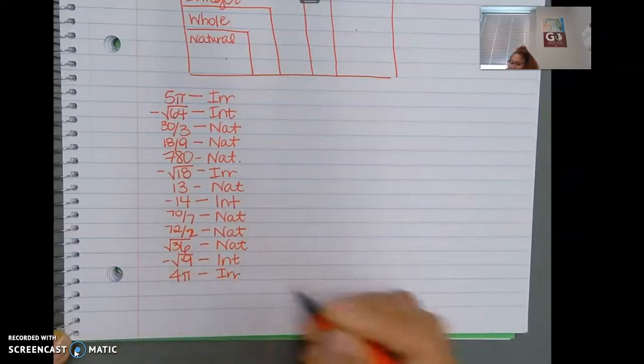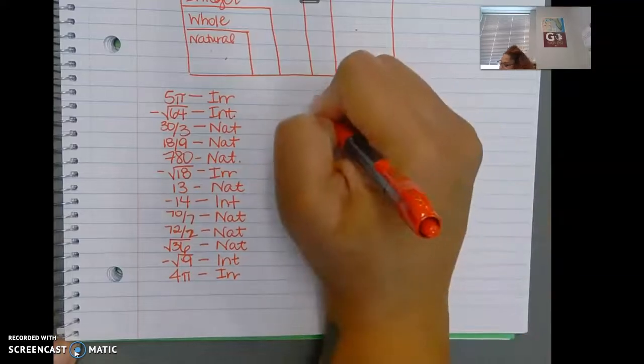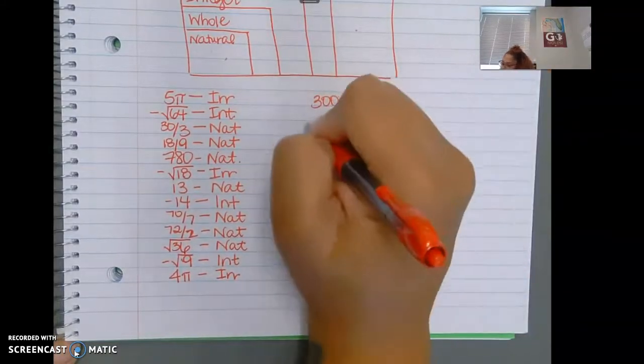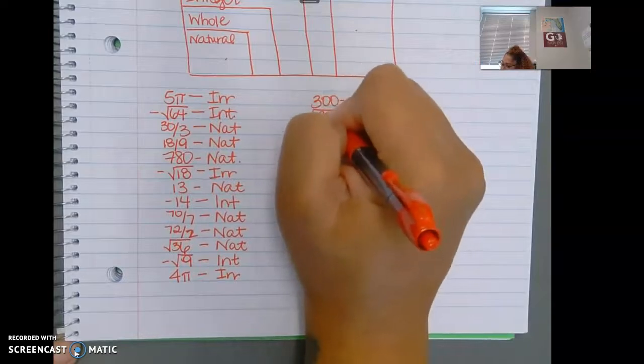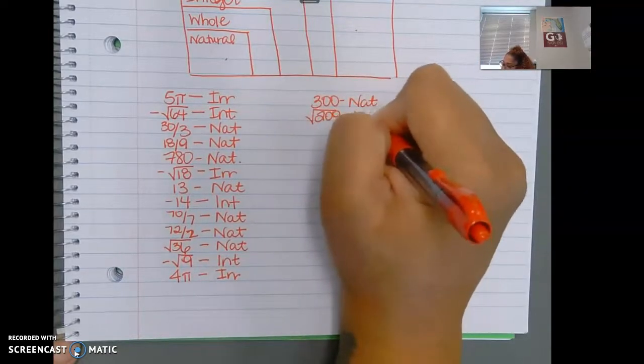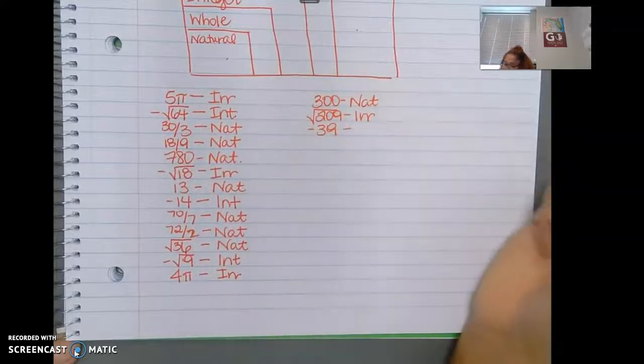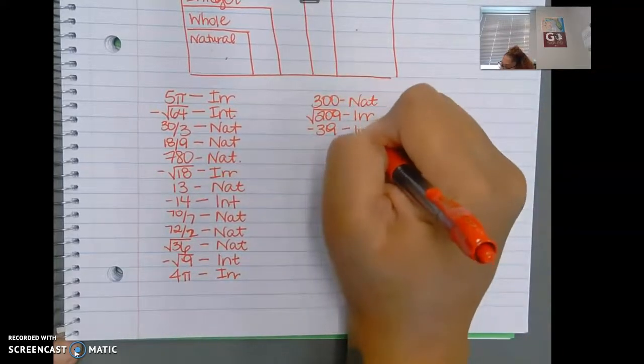Anything with a pi is irrational. Square root of 209. Good. The opposite of 39. Good.